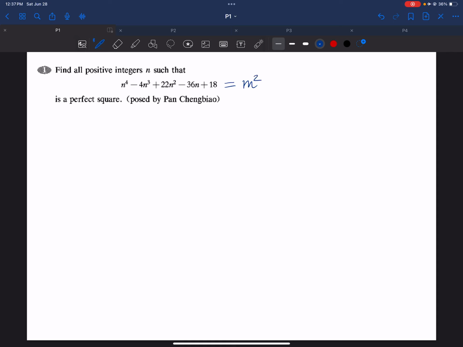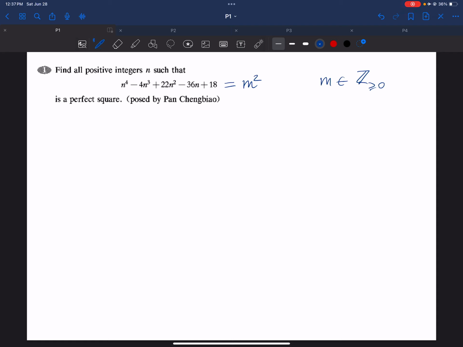So we want to solve such an equation on n and m. Positive integers. Well, n is a positive integer. m in principle can be any integer, but we can assume that it's non-negative, which can be done without loss of generality.